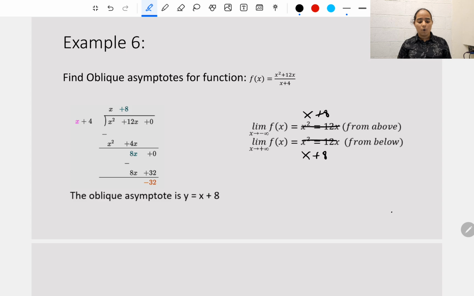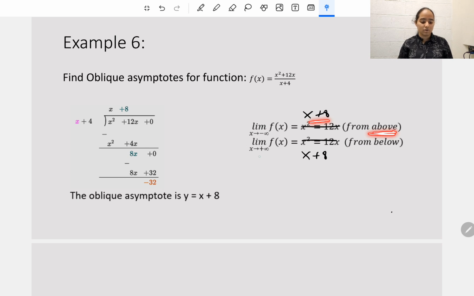If the oblique asymptote is bigger, then the function is approaching from below. Whereas if the oblique asymptote is smaller, then the function is approaching from above. So in this case, limit as x approaches negative infinity, f of x equals x plus 8 from above, and limit as x approaches positive infinity, f of x equals x plus 8 from below.